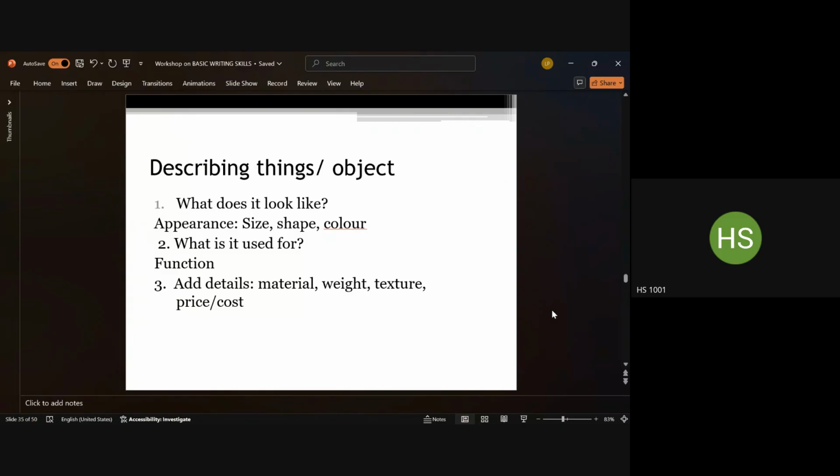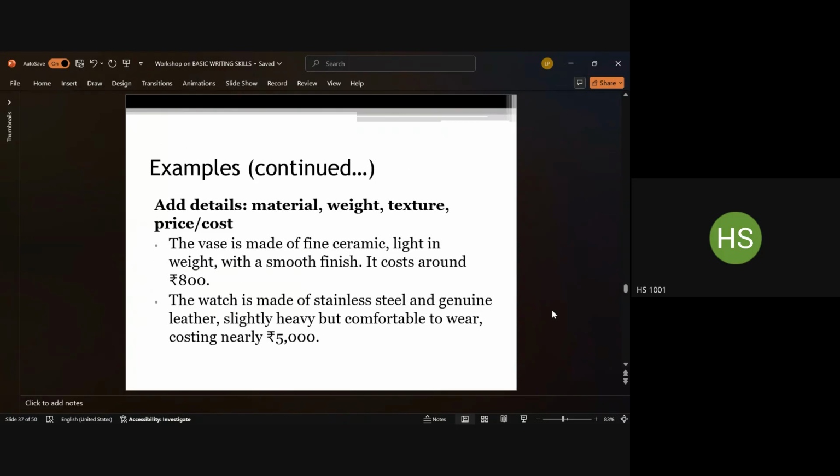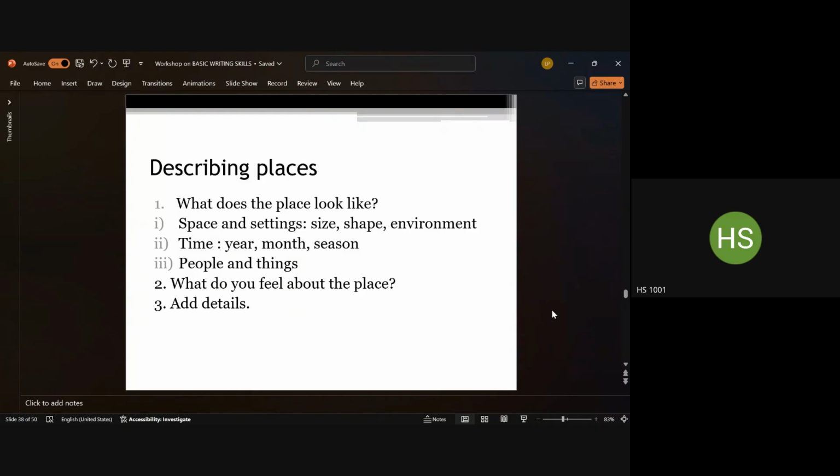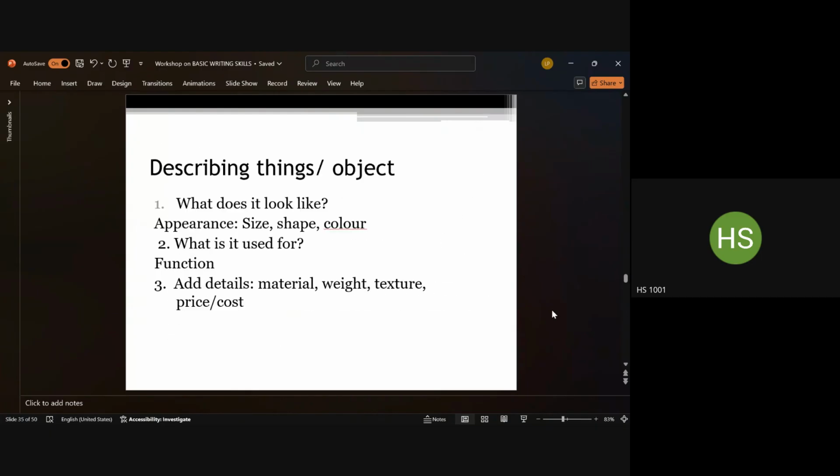Now, similarly, like you saw in the case of people, what you also have the option to talk about in the case of things and objects is the feelings, right? What you think about it, what your feelings are about it. So again, we'll make use of the negative, positive adjectives, right? That can also remain the same for things, objects, and places.